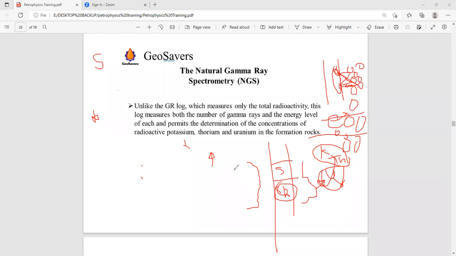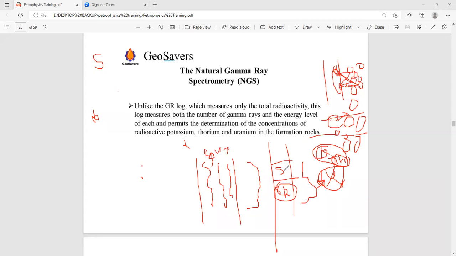In that particular case, you need to carry out what we call gamma ray spectrometry, where you measure the concentration of each of these elements separately. You have potassium, you see the variation of potassium. You have uranium, you see the variation of uranium. You have thorium, you see the variation of thorium.